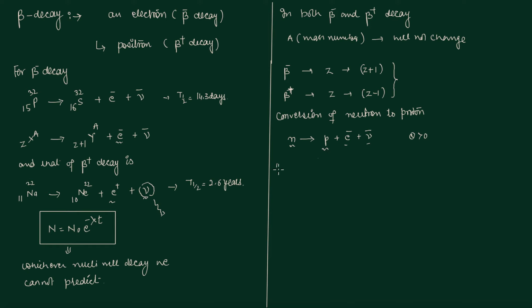While for beta plus decay, it is the conversion of proton into neutron.